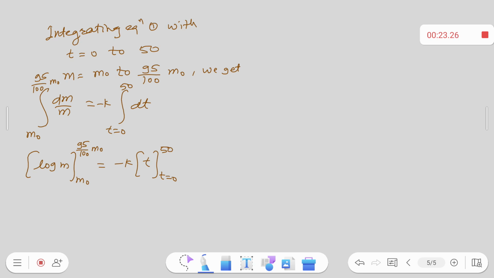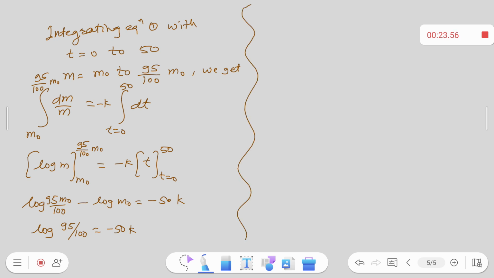Okay. So put upper and lower limit. So after putting upper and lower limit, it is log of 95 m0 by 100 minus log of m0 is equal to minus 50 times k. Okay. So again by using log a minus log b, it is only log 95 by 100 is equal to minus 50k.